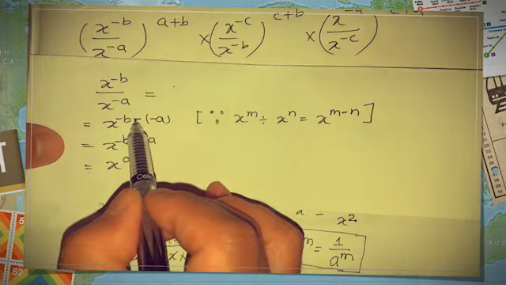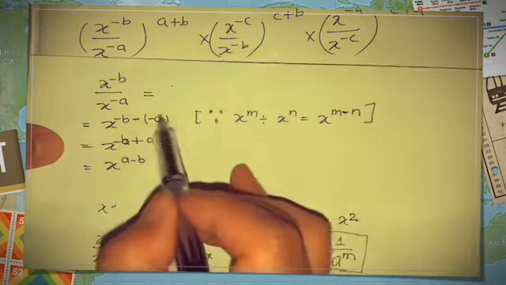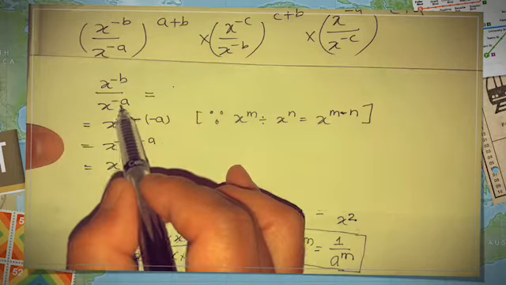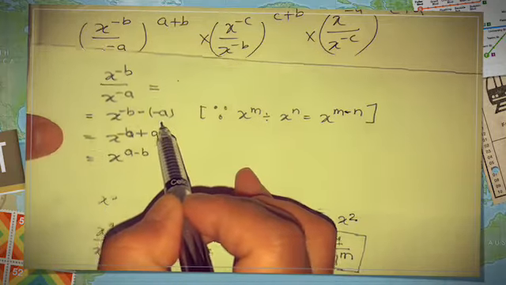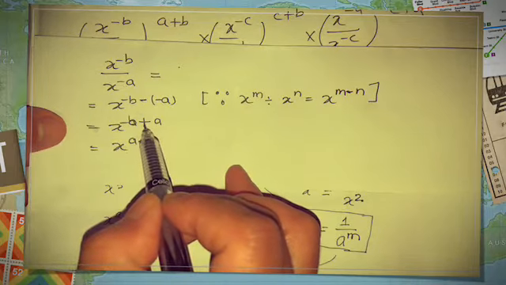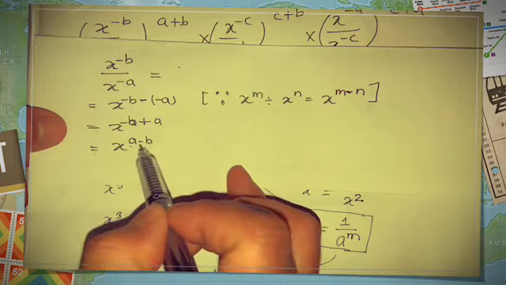Okay, so this minus from the law of dividing indices, and this is the power of the denominator which is subtracted here. Then x minus b and plus a, minus it becomes plus. So x a minus b.